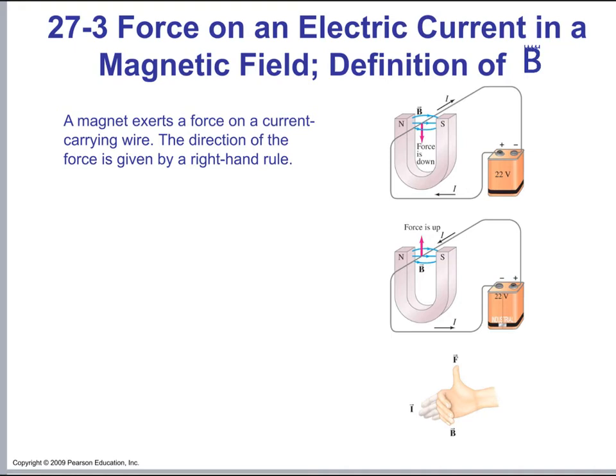And so the rule is to make that karate chop with your thumb extended and line your fingers up with the current and then rotate them in the direction of the magnetic field. And if you do that, that will cause the thumb to point in the direction of the force.